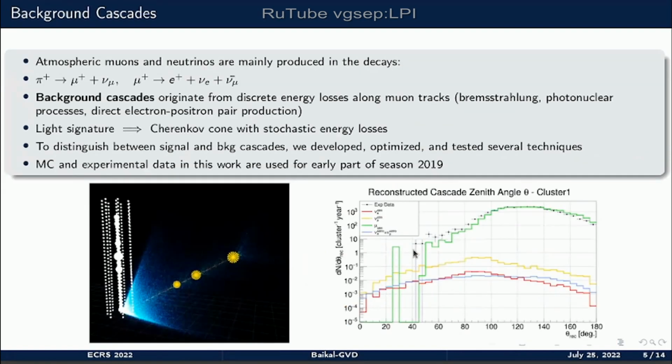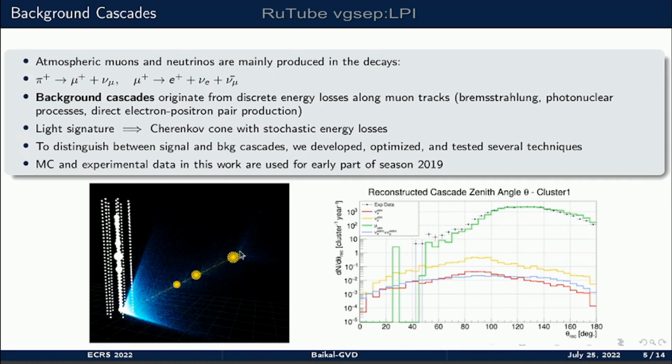However, the same light signature of cascades can be produced along muon tracks that originate from discrete stochastic energy losses, for example, Bremsstrahlung or photonuclear processes. The illustration of such background cascades, which are produced along a muon track, is on the left. Along one track, we can have several background cascades.